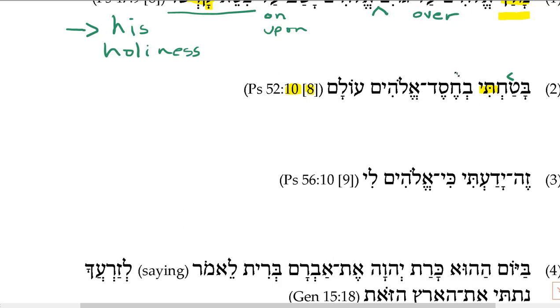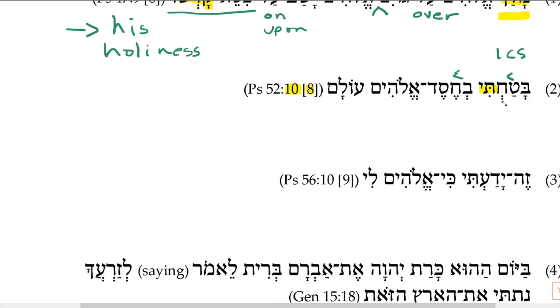Bechesed Elohim olam. Okay, so we've got a couple of accents that are in the Masoretic text. They didn't get translated over into this exercise. That's not a big deal. But the accent does help us to identify the verb here, batachti. That T ending is very characteristic of a perfect first common singular, and it is a Qal.